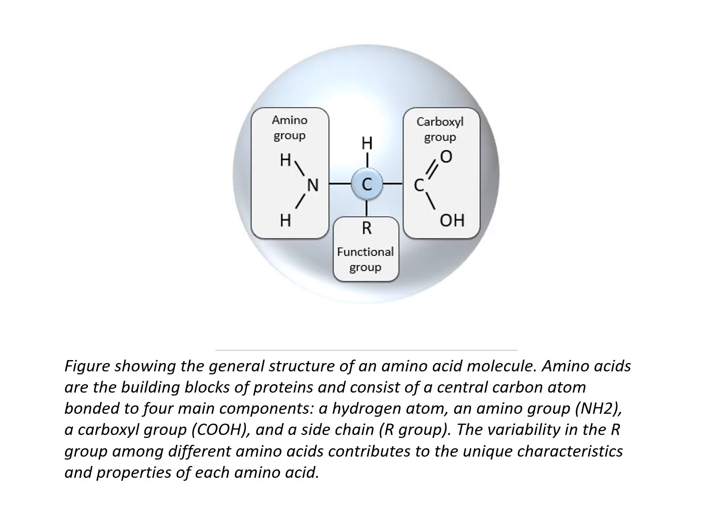This figure shows the general structure of an amino acid, the fundamental building block of proteins. At the center is a carbon atom, known as the alpha carbon, which is bonded to 4 main components: a hydrogen atom, an amino group, a carboxyl group, and a variable side chain, called the R group.